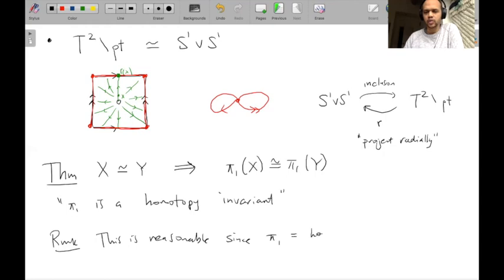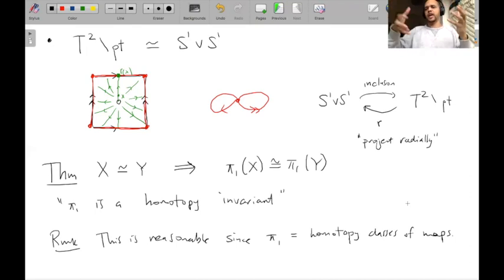Pi1 is homotopy classes of maps. Maybe saying this is not super convincing, but we've defined the fundamental group by looking at homotopy classes of loops in our space, up to this equivalence given by homotopy, which is like you can deform loops.